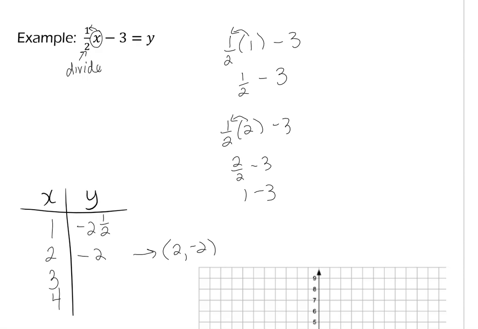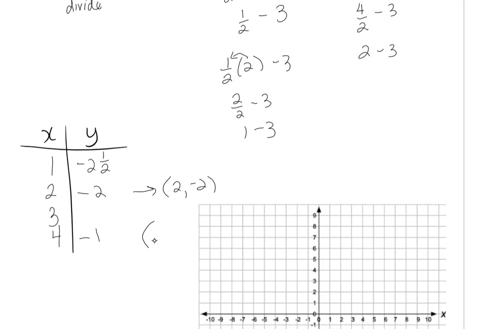And so when I put 3 in, I'm going to have 3 divided by 2, which once again doesn't divide nicely. So you know what? I'm going to skip that this time. And I'm just going to go right on to 4 because I do notice that 4, when I multiply here, I get 4 divided by 2, which actually works out to be a nice integer value, and we get -1.